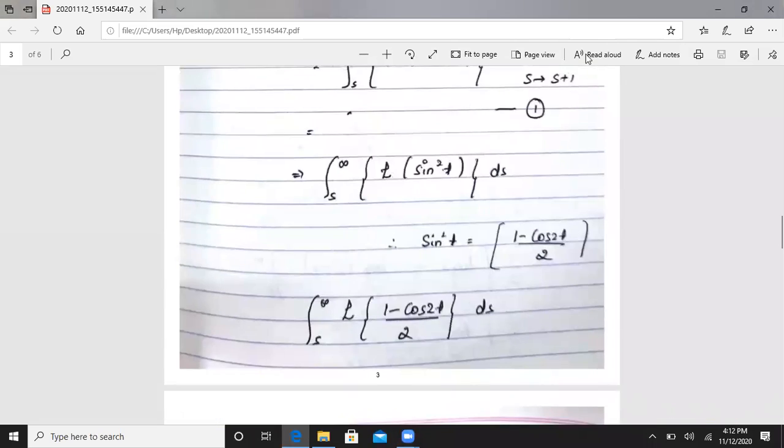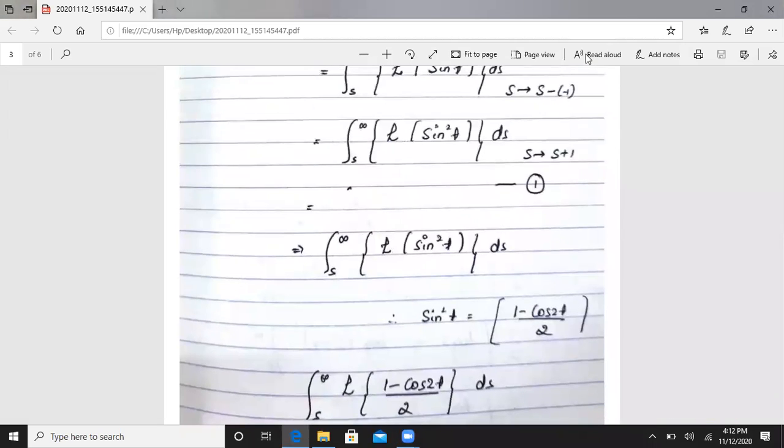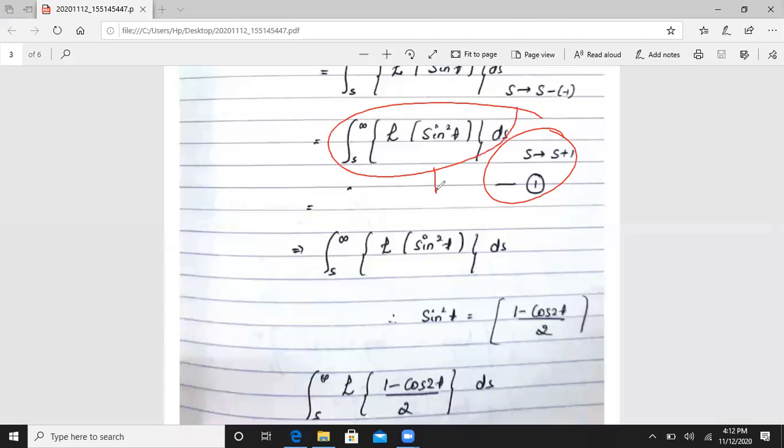Call this equation number 1, because first we solve this function, and on the result we substitute s tends to s plus 1. Here we have the Laplace transformation of sin square t into ds.